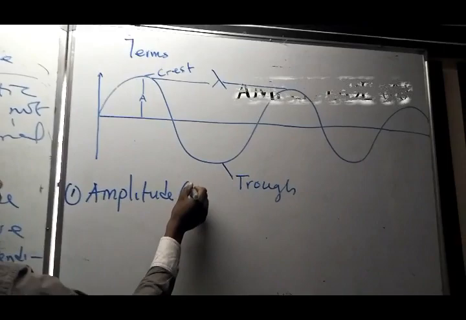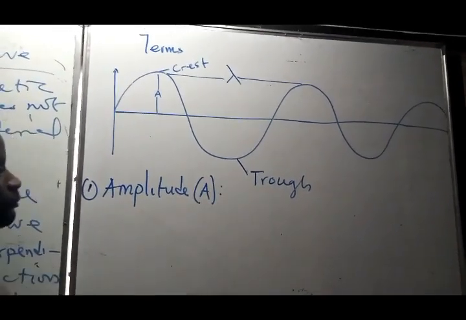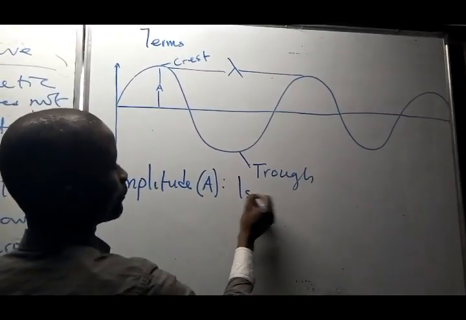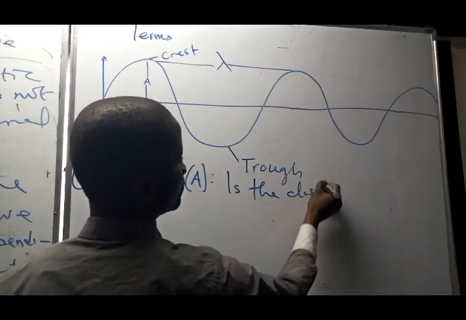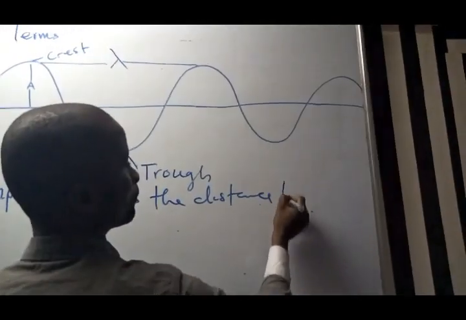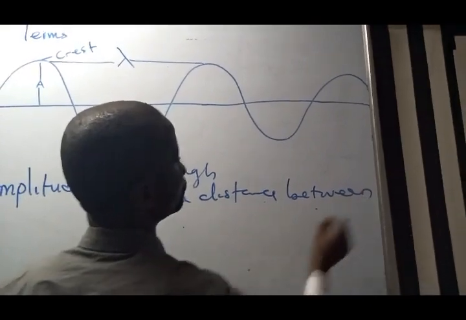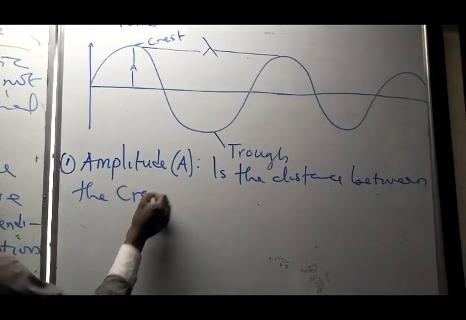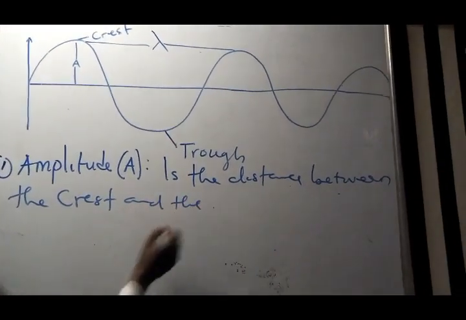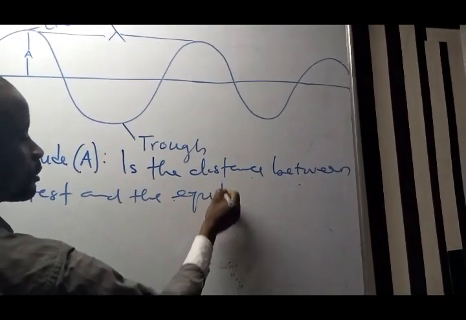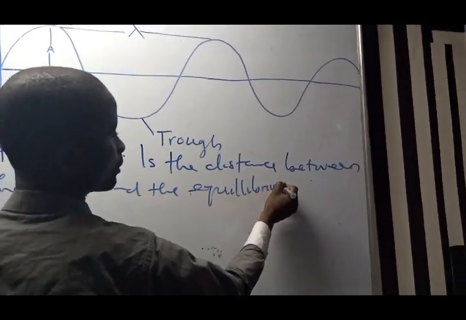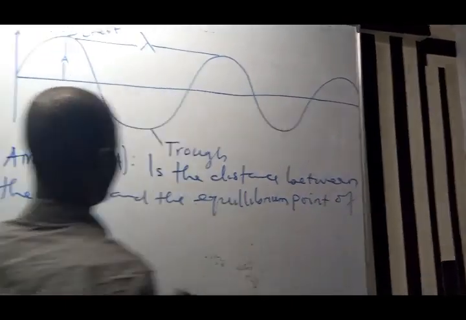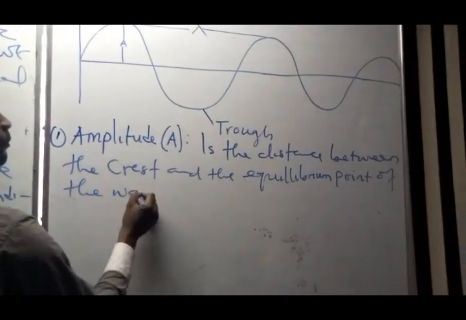Amplitude, in bracket A, is the distance between the crest and the equilibrium point of the wave.